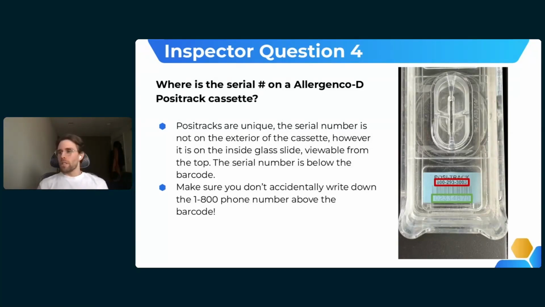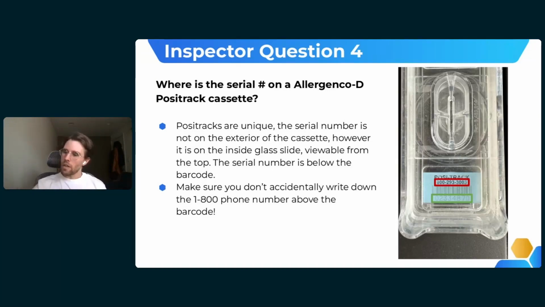Inspector question number 4. This is a very specific question. If anyone is familiar with the Allergenco D Positrack cassettes, they're these long rectangular style cassettes that have a microscope slide inside of them. The barcode on these is a little different.